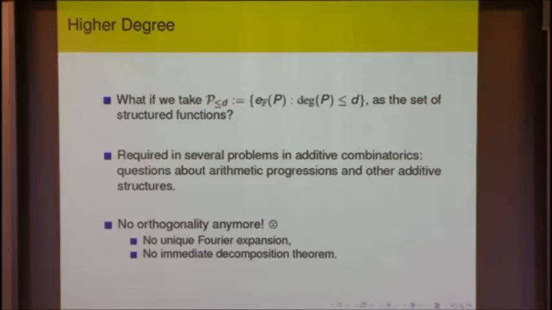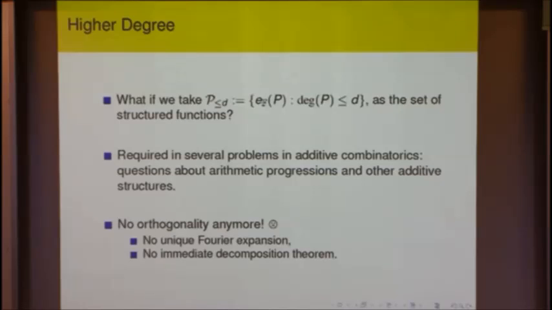This type of decomposition is required in several problems in additive combinatorics. For example, in property testing, the only tests that are known right now for some natural properties go through this route of decomposing into structured and pseudorandom parts. And they are also useful in many different areas in combinatorial number theory.